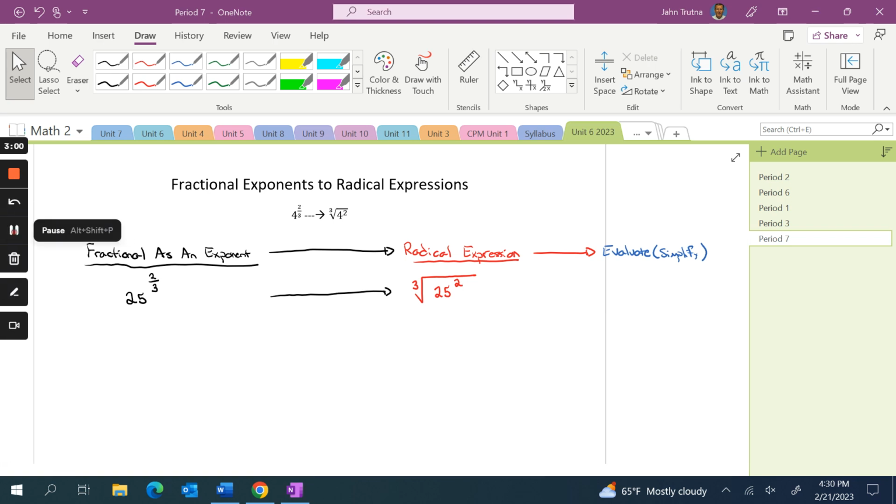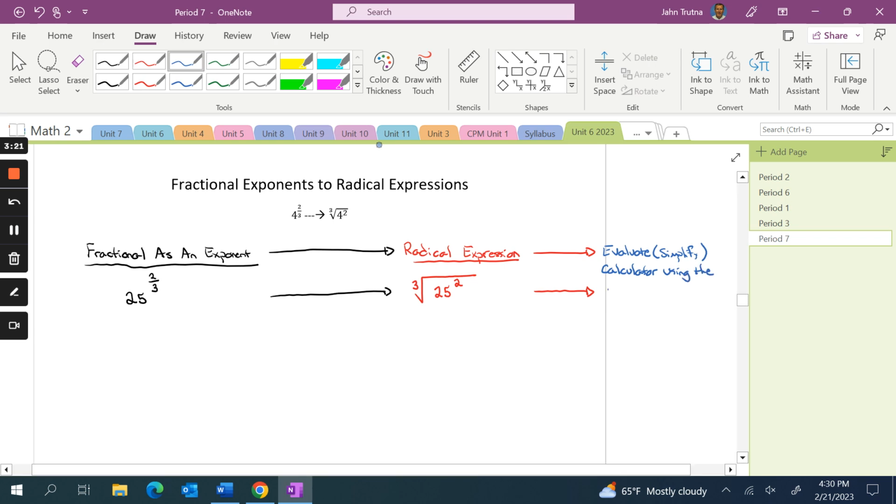Okay. Then, to evaluate the expression, you are going to calculate. So you're going to use your calculator using the fraction exponent expression.